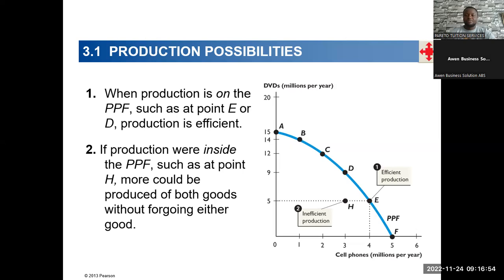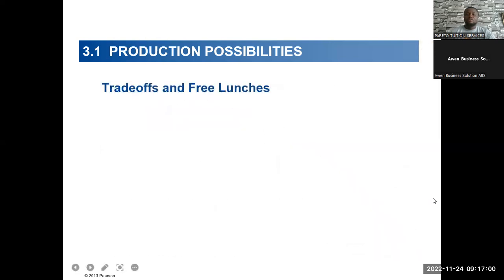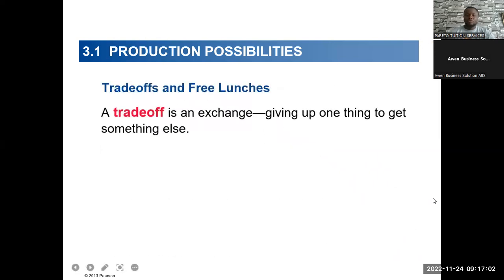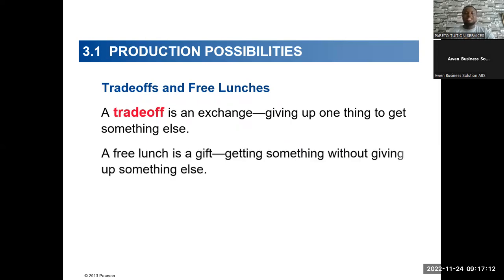Okay. All right. Now let's look at trade-offs and free lunches. We know that trade-offs are just exchanges, right? A trade-off is an exchange. You give up one thing in order to get another thing. So we are saying that the PPF is able to show us trade-offs. We will look at that.